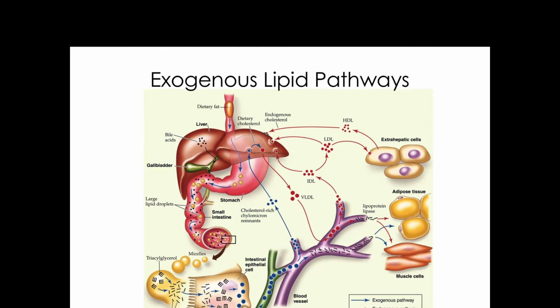So again, that portal vein allows for an initial stop at the liver, a central processing facility. So we've got liver cells, our adipose tissue, and our muscle tissue. The only thing I don't like about this figure is it implies there's a one-way direction, getting these molecules into adipose tissue and muscle cells.